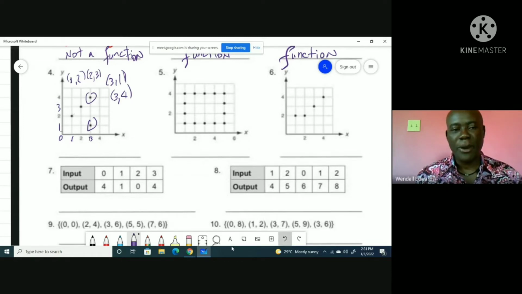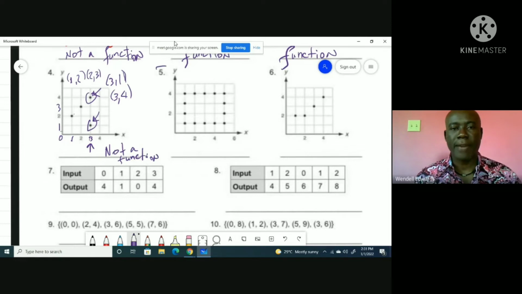All right? When you're a function, you can only link 1. So we're expecting 3 to go to one thing. It didn't. It went to 2 separate points here. And that's the issue. So what it means then is this is not a function.